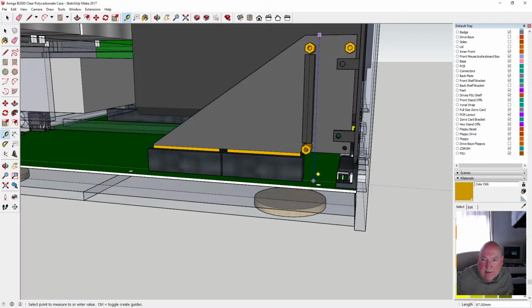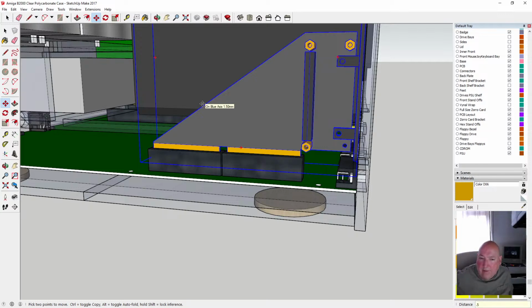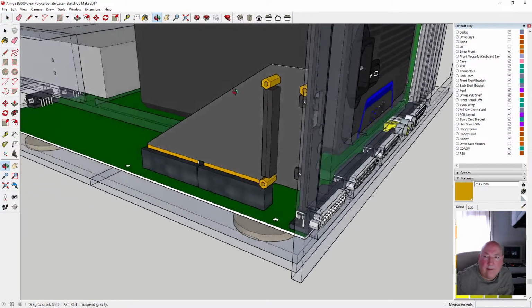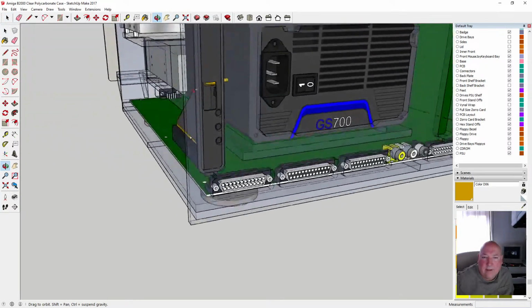Okay, so that's right. So there's something else wrong. 87. Okay, so let's bring the whole thing up 0.5, so that's the right size for the card, but there's something wrong with the card itself.